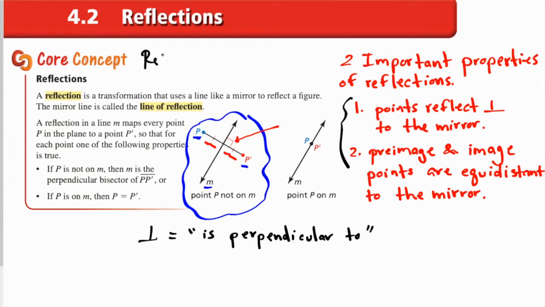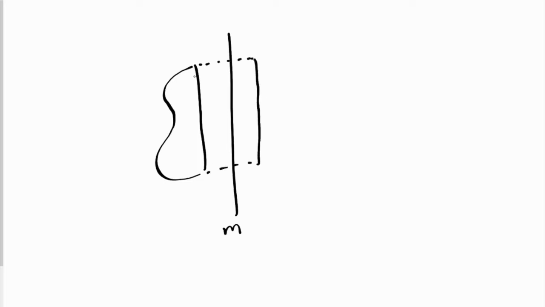Now, before we go on, reflections are also known as flipping a figure through the mirror. So when we reflect something, we get a flip of its image. And just to give you a quick demonstration, if I have this image here and I flip it through line M, I expect to get equidistant points from the mirror.